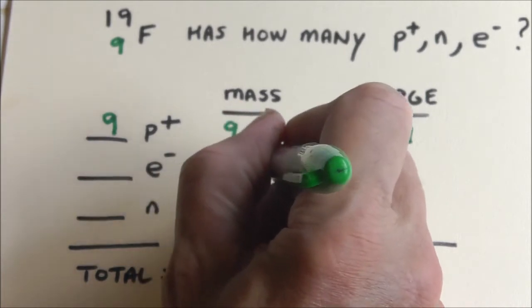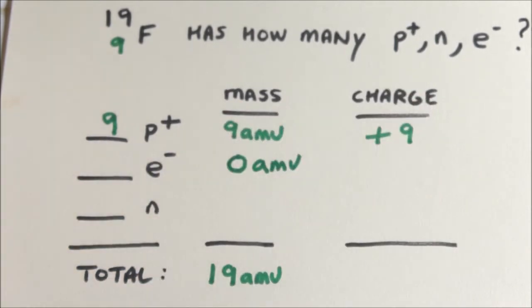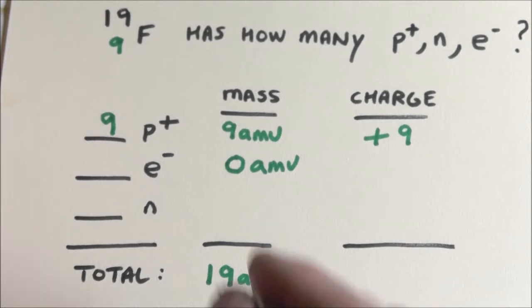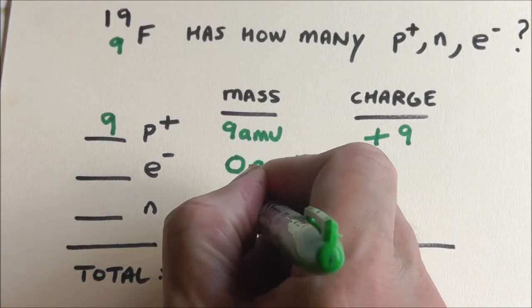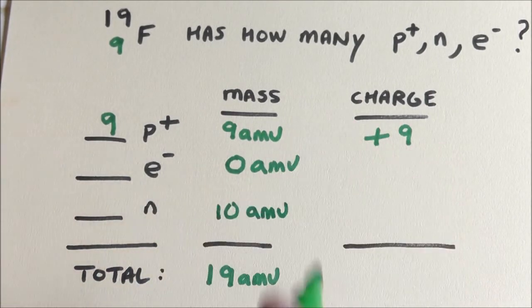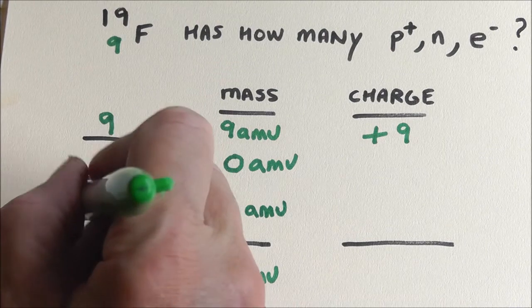It's going to be 0 AMUs because electrons, as we previously stated, weigh nothing. So then think with me, we got to have how many neutrons? Got to be 10, folks. 10 neutrons. Because the total mass number was 19, and so we got 10 neutrons.